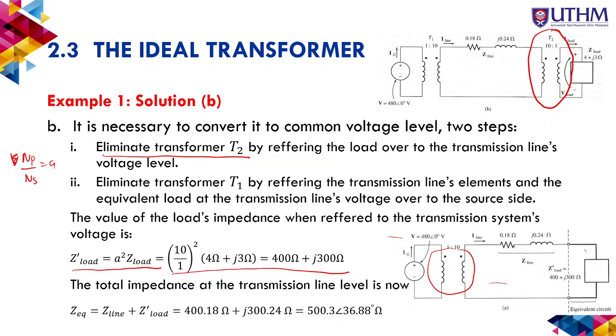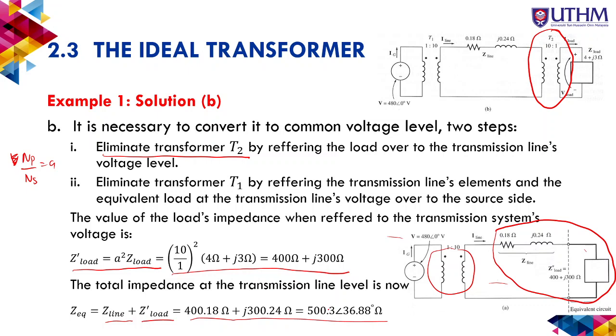Then we need to combine together with the load from the line. So we need to add this one. These two we need to combine. So then it will become Z equivalent, Z line plus Z prime. We just add both of these.